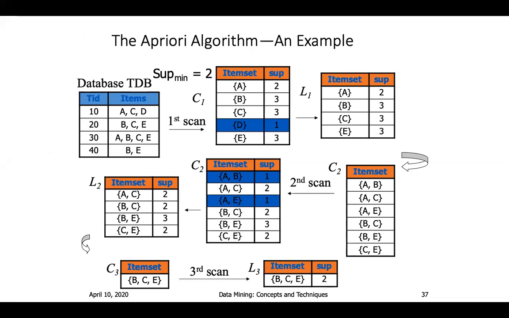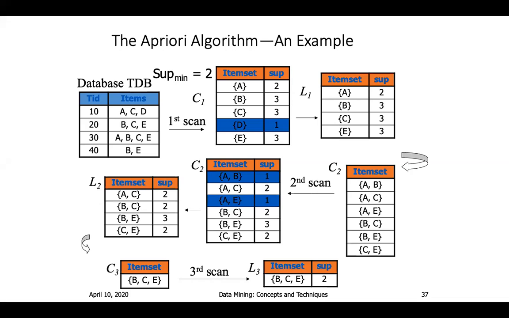What is the frequency that A, C both are occurring? Transaction number 10 and transaction number 30 you can find. So there are total 2 transactions. In how many transactions is AE occurring? Occurrence of AE is 1. In how many transactions is BC occurring?